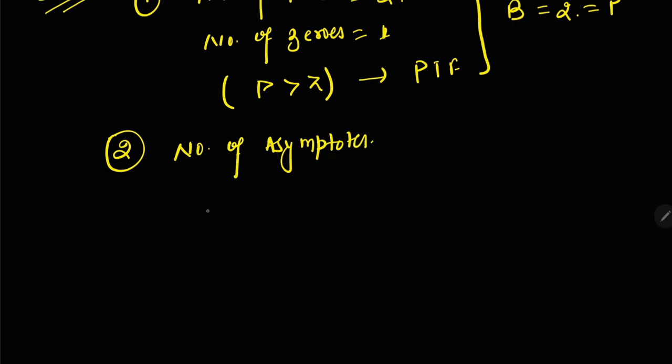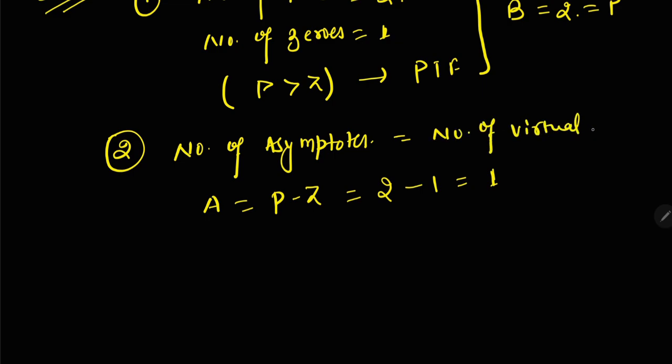Number of asymptotes is equal to P minus Z, number of poles minus number of zeros, and here number of poles is 2 and number of zeros 1, so this is 1. This represents number of asymptotes, that means number of virtual zeros, not physical zeros. So number of virtual zeros will be 1 in this question.